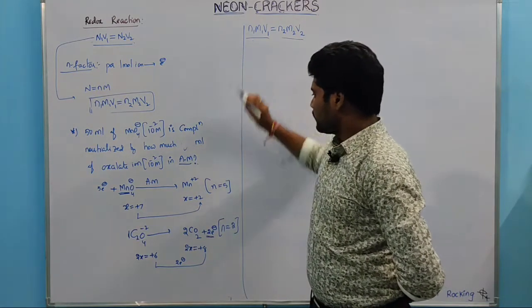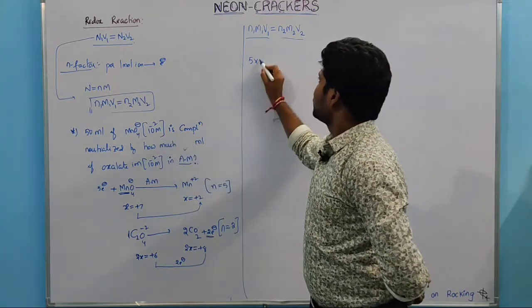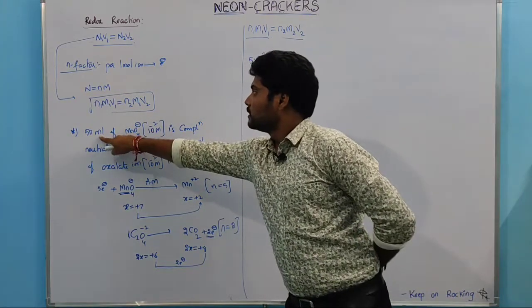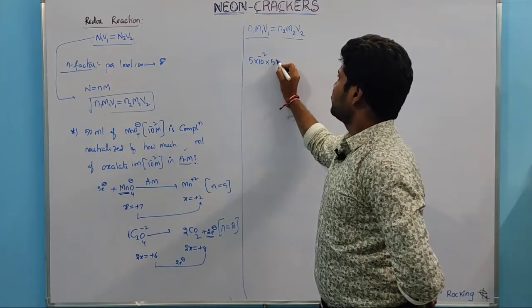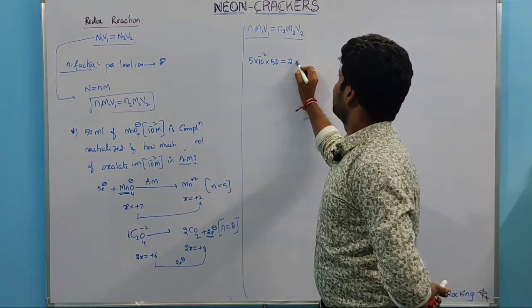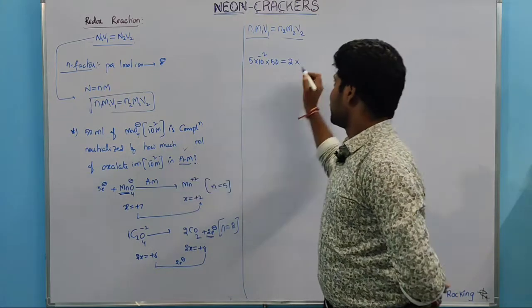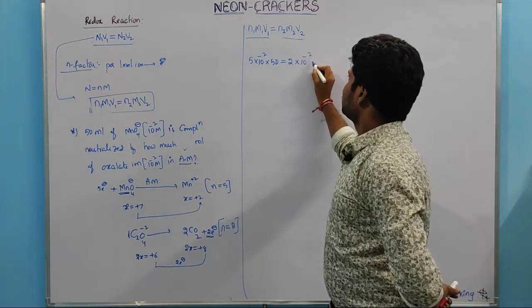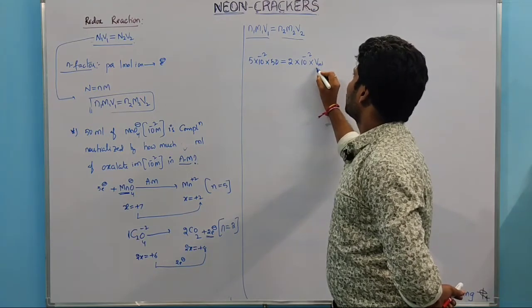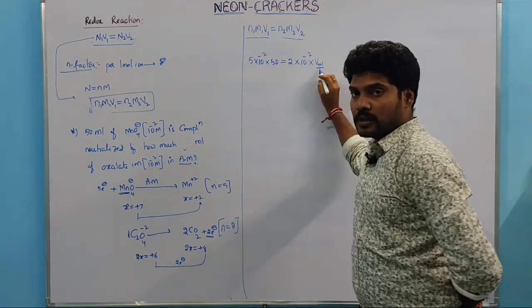So permanganate N factor how much? 5, and permanganate concentration 10 to the power of minus 2 molar, and permanganate volume, in ml, 50. Next, N2, oxalate ion N factor, oxalate ion concentration how much? 10 to the power of minus 2 molar. Am I right? And we are going to find the volume of oxalate ion in ml, because we have taken ml here, it should also be ml.